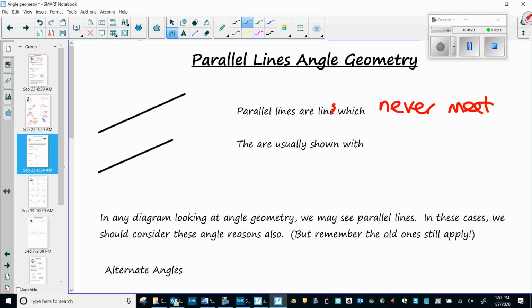Parallel lines are lines which never meet. They are usually shown with arrows on them, and the arrow would go through the line.